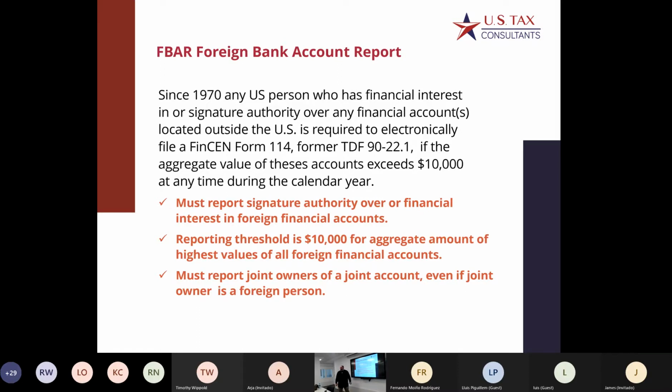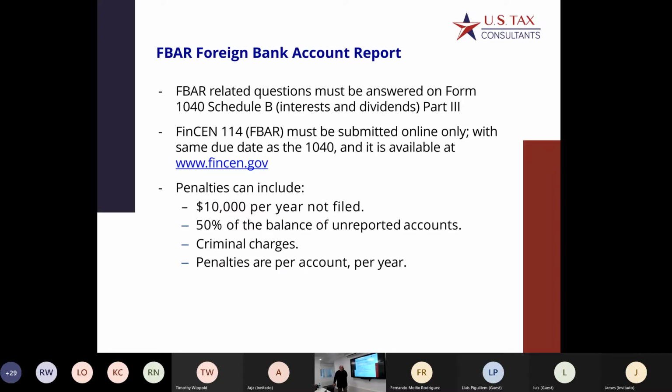It's the aggregate amount of the maximum values of all the accounts that you have. If it's a joint account, you have to report the complete value of the account. The foreign bank account report is the FinCEN 114. This is a summary.